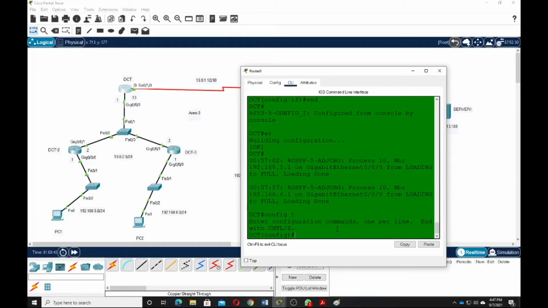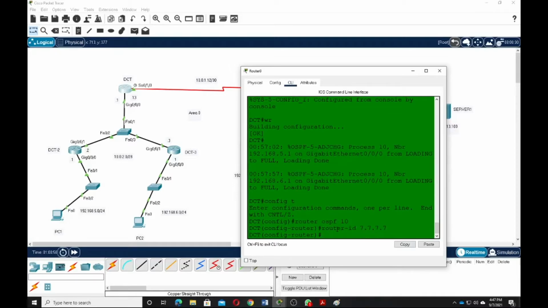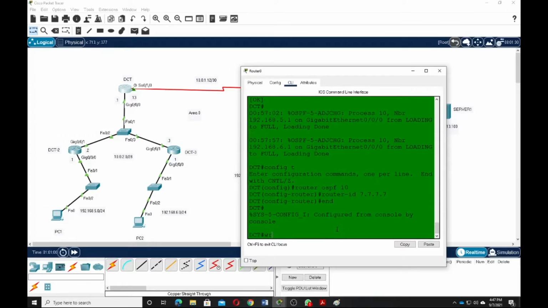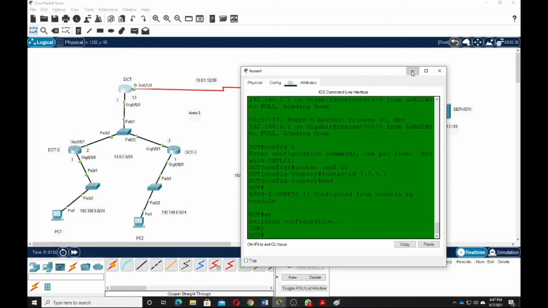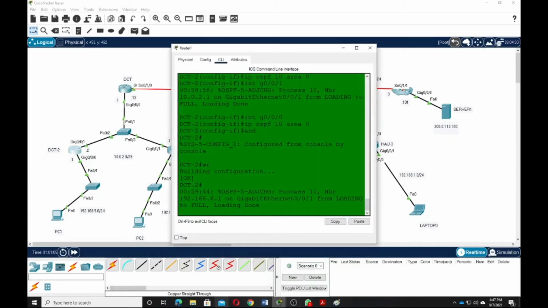Config t, router ospf 10, router-id 7.7.7.7. Okay, and then here is DCT2.